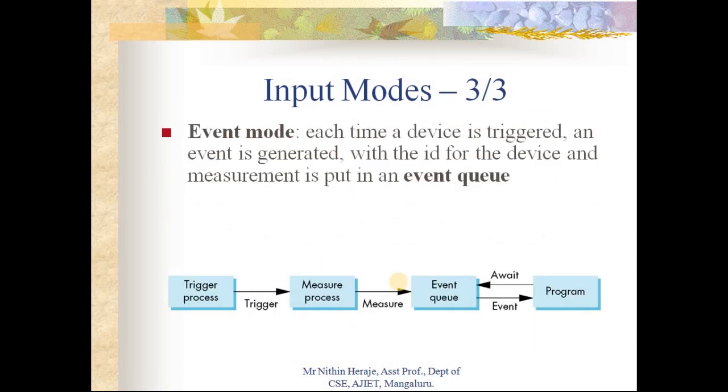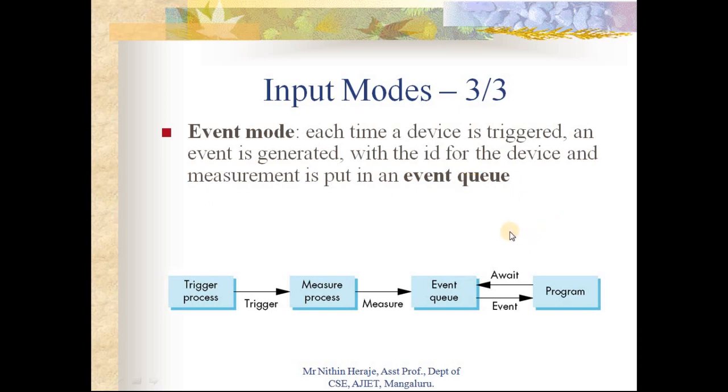Next are the input modes. In the input modes, the third mode is event mode. In event mode, each time a device is triggered, an event is generated with the ID for the device, and the measurement is put in an event queue.